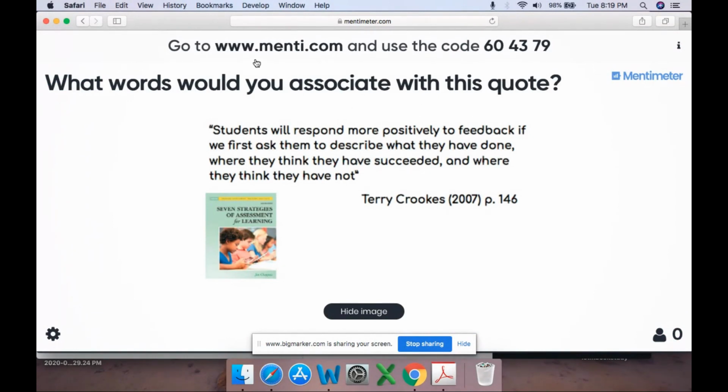If you can, go to menti.com and use the code 604379. Once you enter in the words, it will start populating.